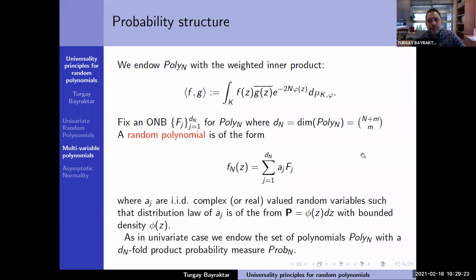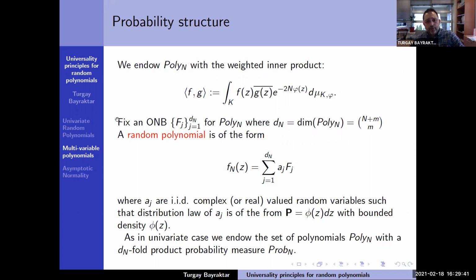And now it's time to define our inner product in the same manner. So now we have multi-variable polynomials here. We are integrating this product over K again with respect to this measure, the weighted equilibrium measure.